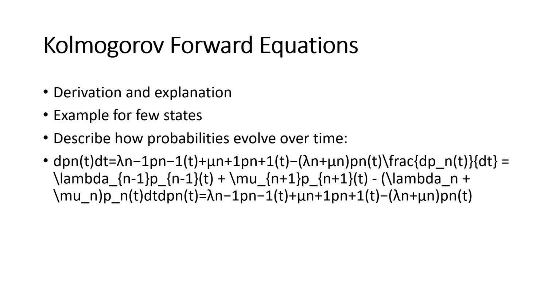So dP_n(t)/dt is equal to lambda n minus 1 into P_n minus 1 of t, plus mu n plus 1 into P_n plus 1 of t, minus (lambda n plus mu n) into P_n of t.